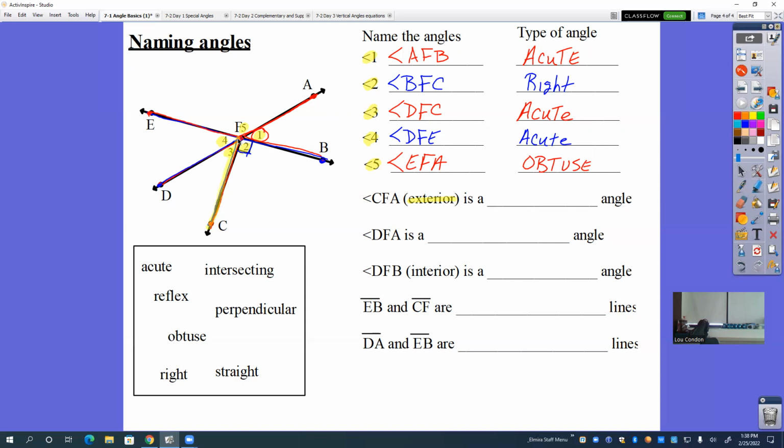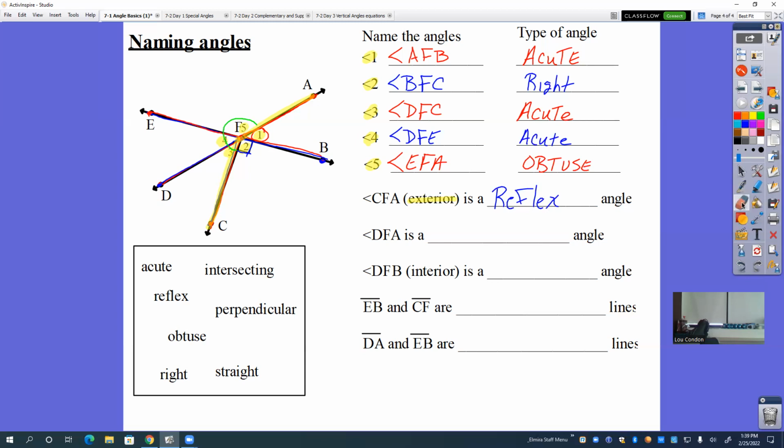So that would be the outside of that angle, not the inside, which means that it's greater than 180 degrees, which would make it a reflex angle.